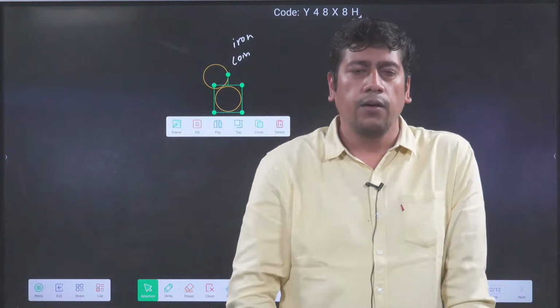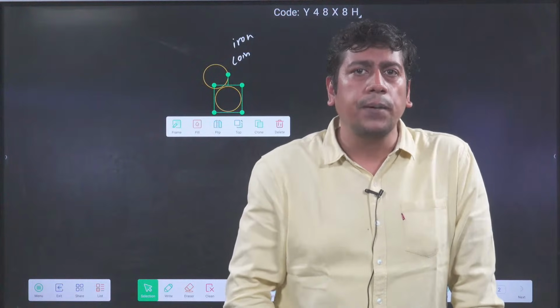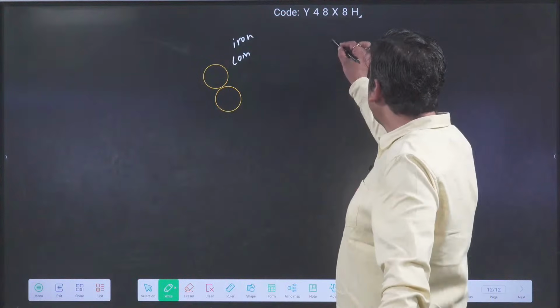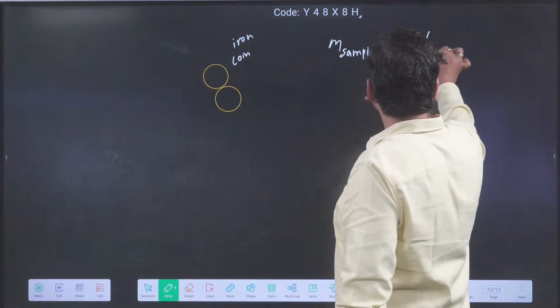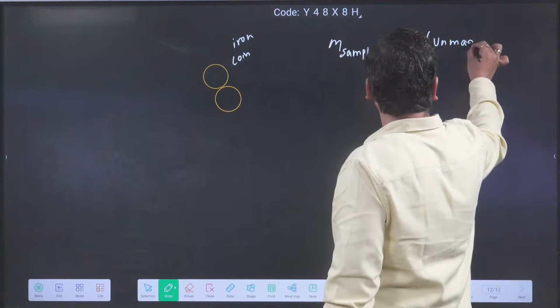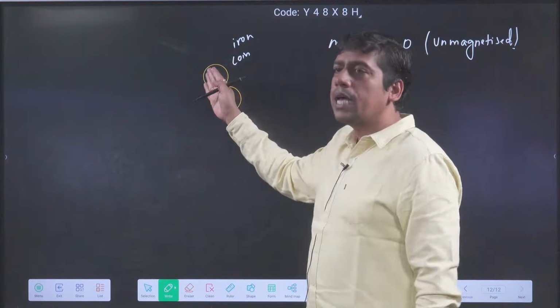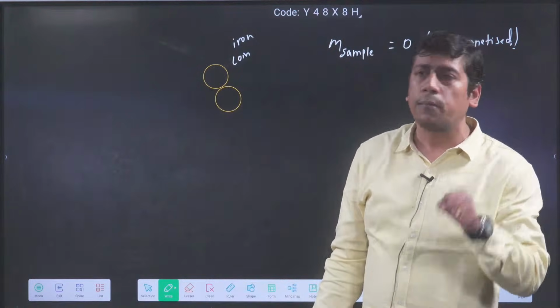No. The first coin will not attract the second coin, meaning it is not magnetized. It is not behaving like a magnet. Not magnetized means M sample is 0, it means unmagnetized. Right now the M sample of this coin is 0. That's why it is unmagnetized. It is not able to attract any ferromagnetic substance.